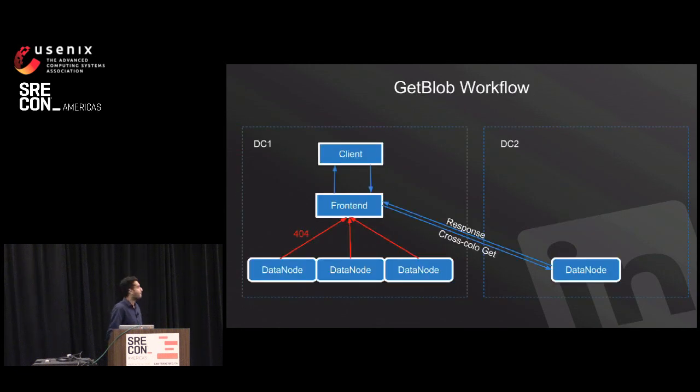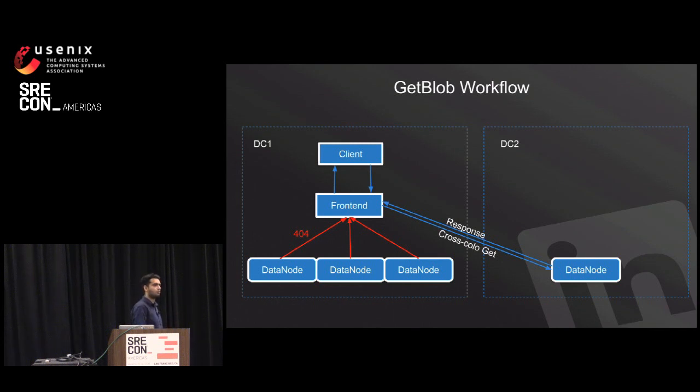You said you could get a 404 if... So this is happening only if the client is doing a get in the first data center before replication has had the time to transmit the blob.